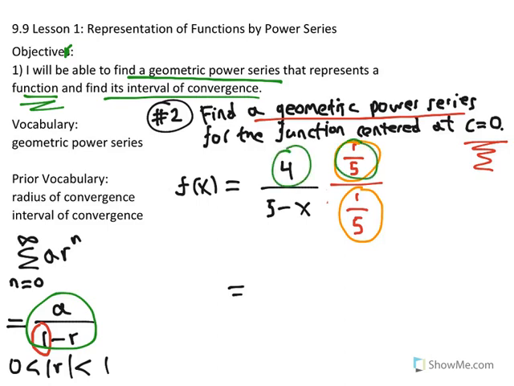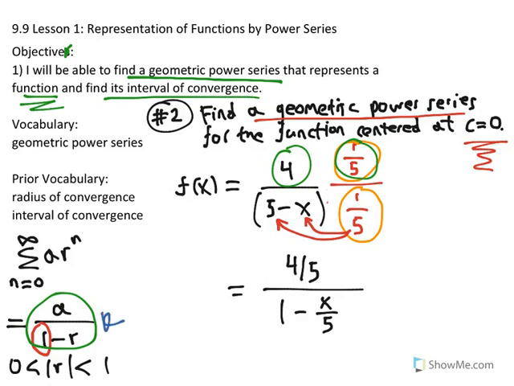So 4 times 1/5 will give me 4/5 in the numerator, and in the denominator I distribute the 1/5 to each of the two terms. 5 times 1/5 gives 1, and x times 1/5 gives x over 5, so I'll have minus x over 5. So I have algebraically manipulated my function without changing it. It's the same function, but now it is in the form a over 1 minus r.